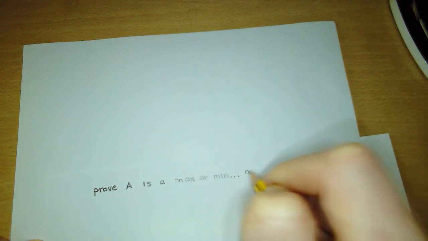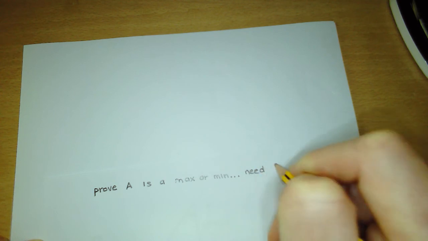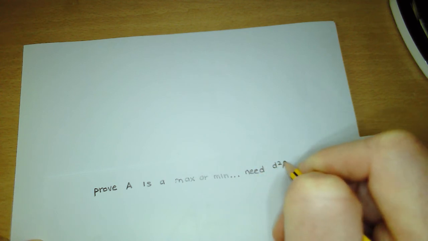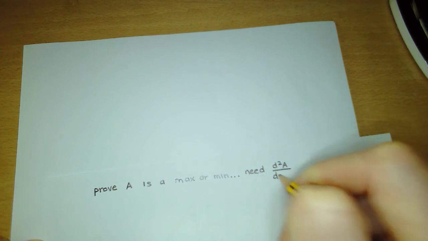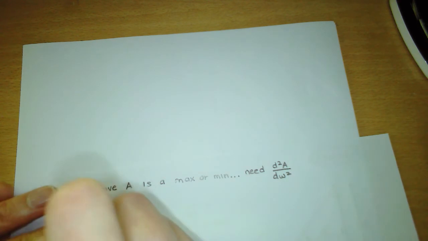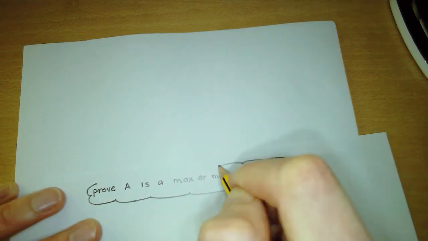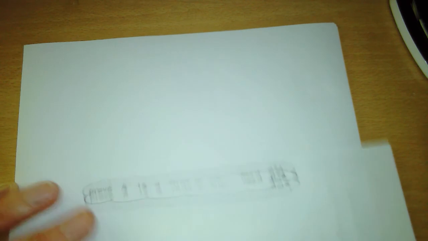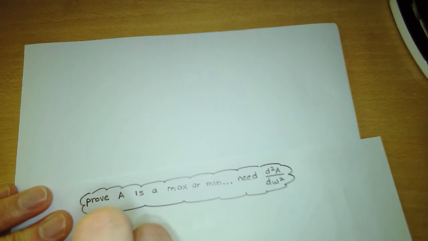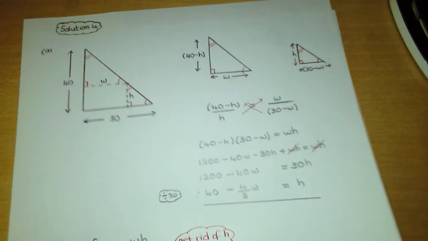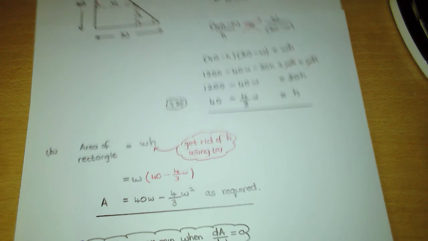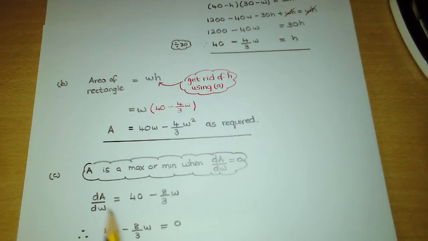So we need the second derivative, d2A by dW squared. So if we go back, we have to differentiate the first derivative. So there is our first derivative here.